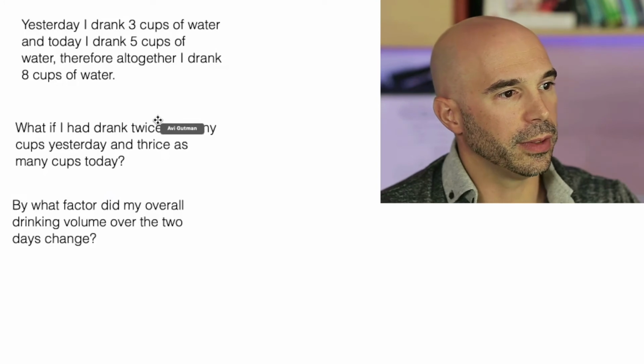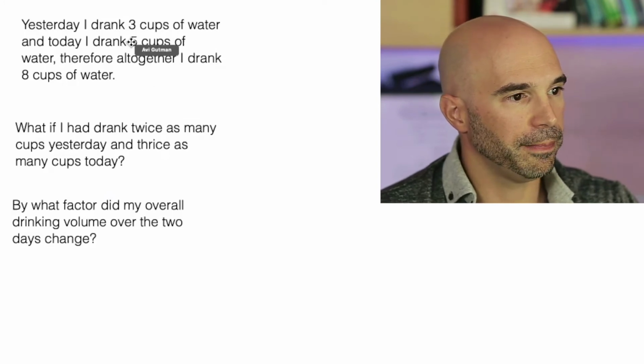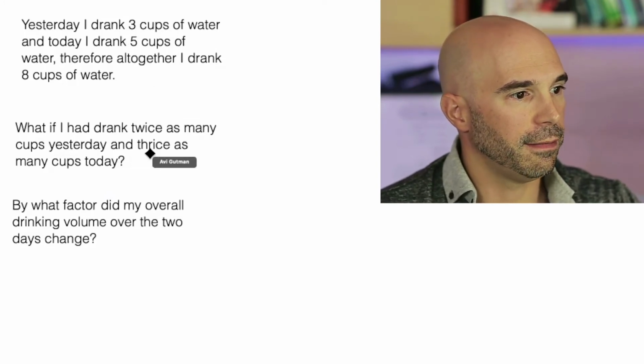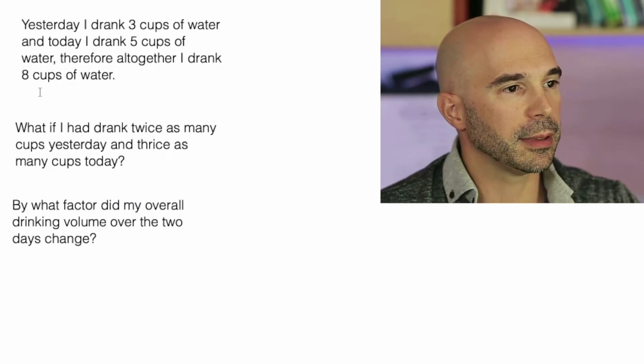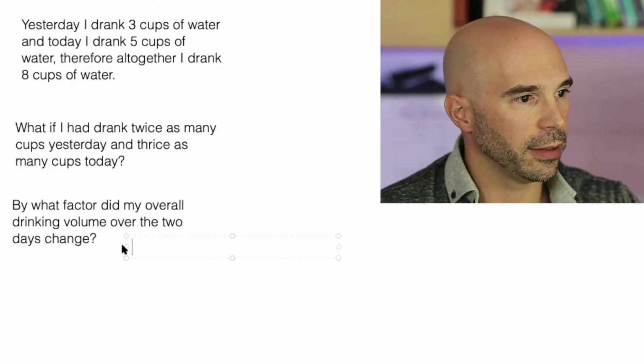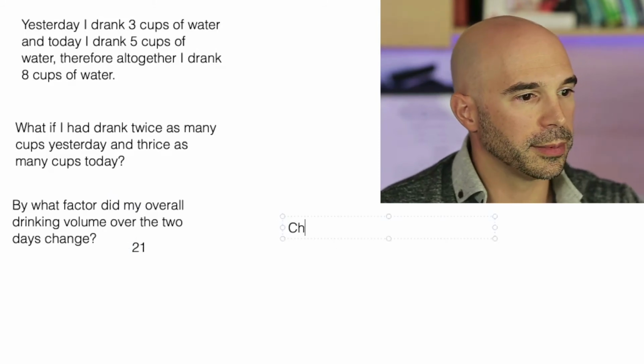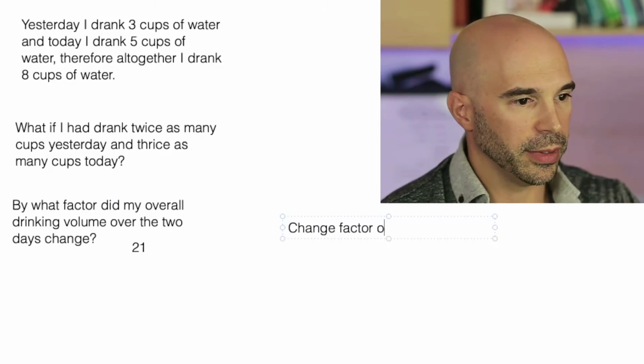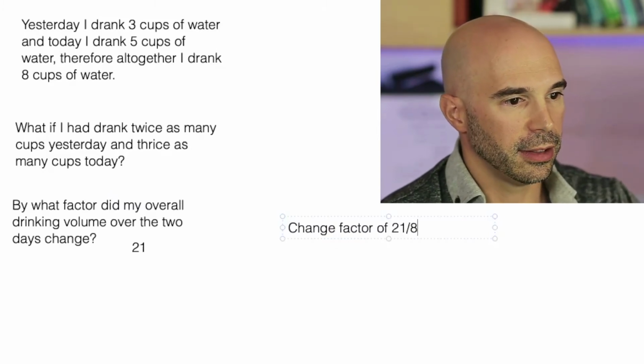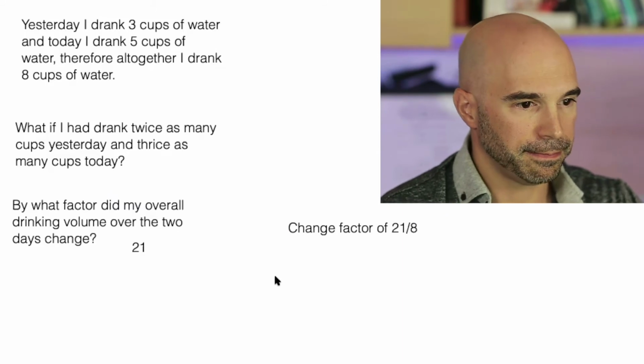We'd have to go, okay, 3 times 2 is 6, 5 times 3 is 15, and 6 plus 15 is 21. So I went from a total of 8 cups of water to a total of 21 cups of water. That means that we have a change factor of 21/8.